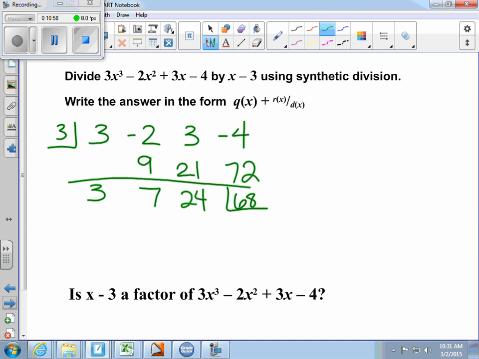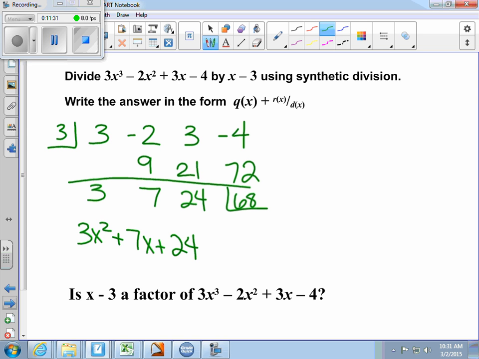Any questions about that? Now, big number in the remainder. What is the quotient? Because 3, 7, and 24 don't tell me very much. 3x squared. Why is it x squared? It's one less than what I started with, because I divided an x out. If it was an x cubed, if I divide an x out, it's going to become x squared. 3x squared plus 7x plus 24.